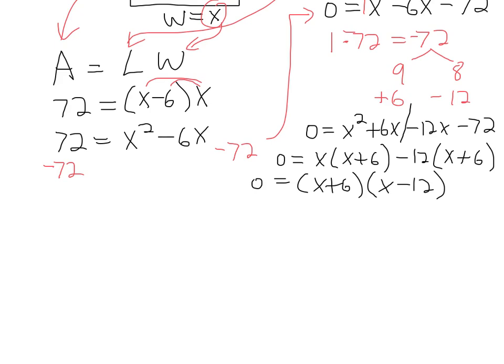All right, let's make a little more space. We have a property that if we have two unknown numbers multiplied together equals 0, one of these has to be 0. So either the x plus 6 equals 0 or the x minus 12 equals 0.